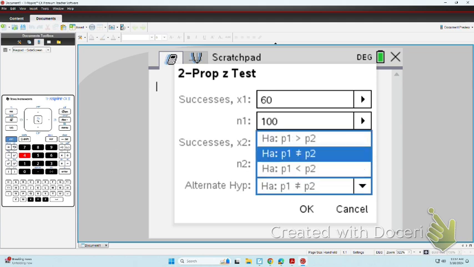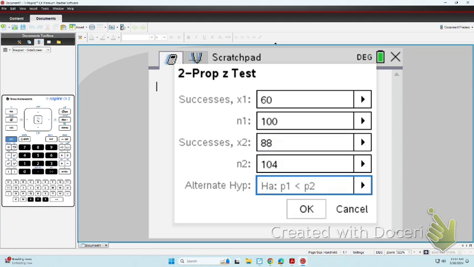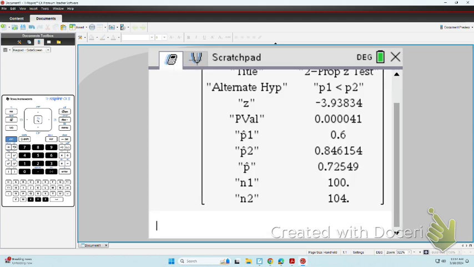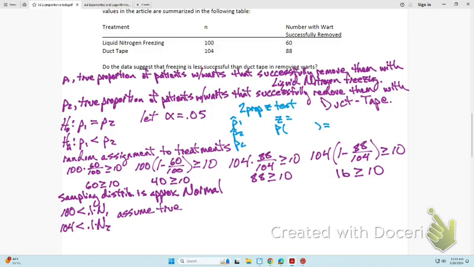And then make this match HA, and you're good to go. There's all our results. Let's write them down and conclude. By the way, third from the bottom, p hat, that's PC. If you'd rather write p hat instead of PC, you're welcome to do that.